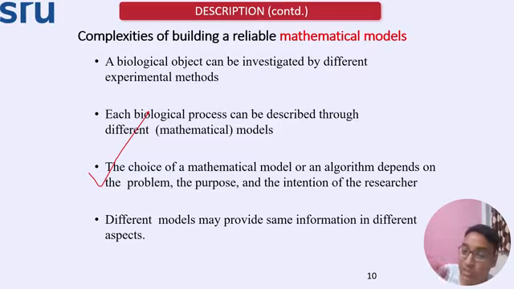Different models can provide the same information in different aspects, but we need to consider each and every single aspect. So putting together all the available data from different perspectives, we need to get the best possible model, something which is able to fit the required data rightly. It's the best computational model.